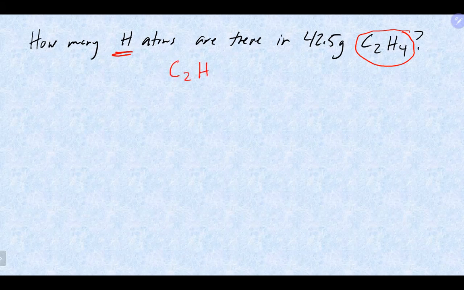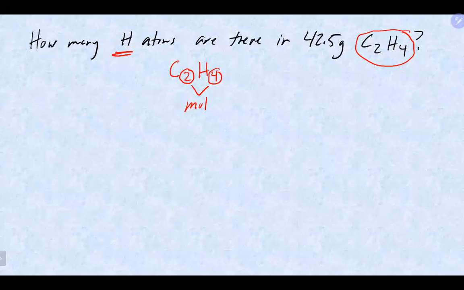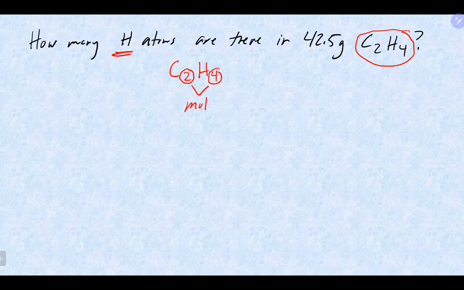And the formula itself, when we look at it, as we'll talk about in just a second, has numbers on the bottom that can represent the moles of each of those elements that are present. So from an actual chemical formula, you could come up with some conversion factors that you could use. For example, if we look at this one, there are 2 moles of carbon for every 1 mole of the entire thing.